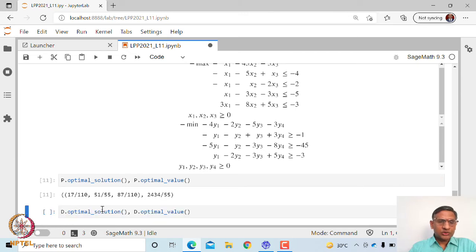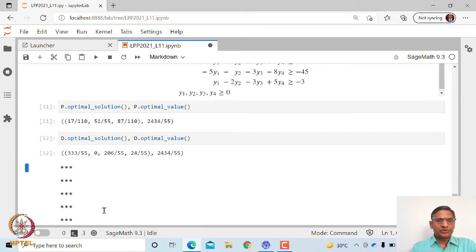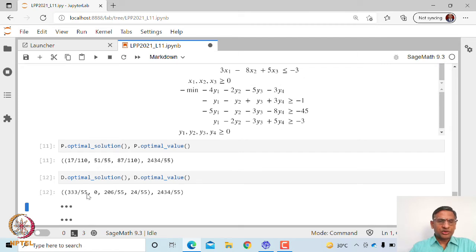Now let us look at the solution for the dual problem using the inbuilt Sage function. You can see here the optimal value of the primal and the optimal value of the dual are the same. That is one of the results: if one of the problems is optimal, the other one will also be optimal, and not only that, the optimal value will be the same. So that is what we are seeing here, right?